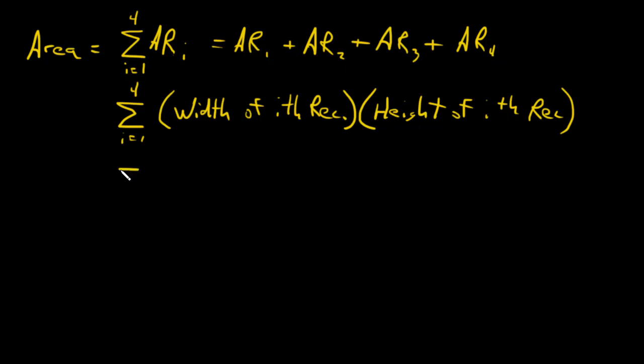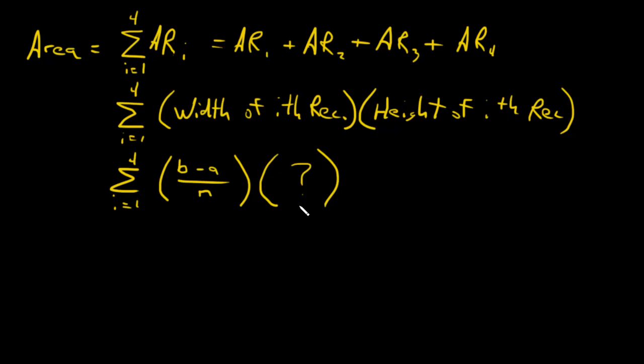Alrighty, well, i equals 1 to 4 of, what is the width of each of these rectangles? Well, that is b minus a over n times the height, which I'm going to put a question mark there for right now, okay? And so I'm going to rewrite this expression as i equals 1 to 4 of, well, b is 4, a is 0, 4 minus 0 is 4, divided by 4, 1, times, now I need to tackle this height thing, okay?